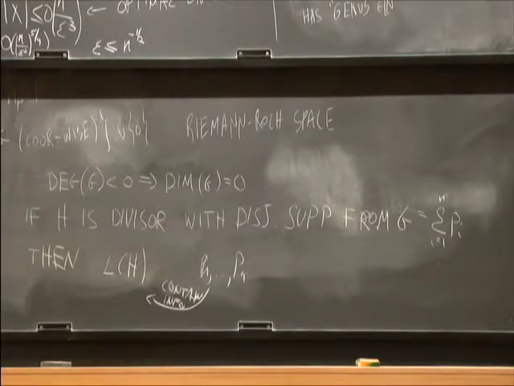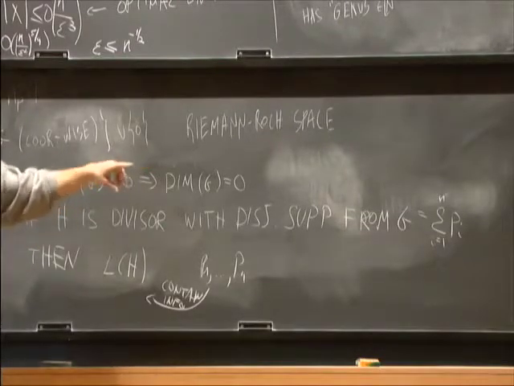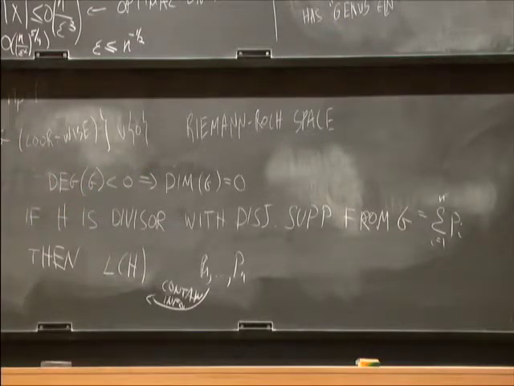So this is the high-level outline: you need to find points on a variety with a small genus, and define an H so that L of H has a large dimension, and then you get good codes. I hope I was clear in any way. I'm not sure that I was, but do you have any questions?